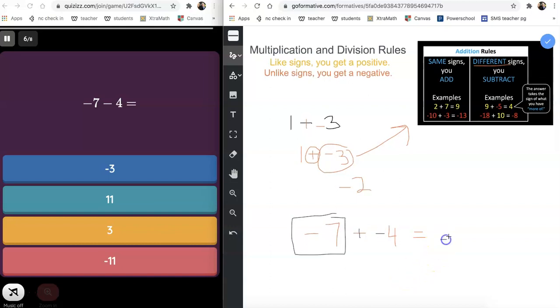So this really is -7 plus a -4. Subtracting 4 is the same as adding a -4. Now that it's addition, we apply our addition rules. These signs are the same, so we will add. -7 plus a -4 gives us -11.